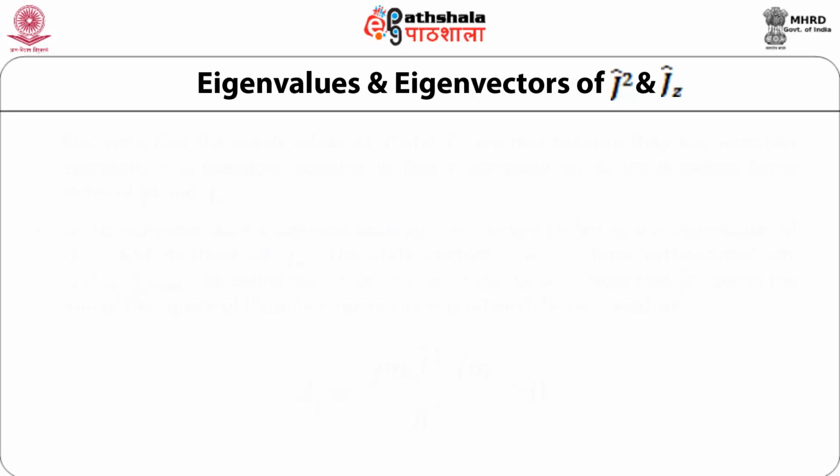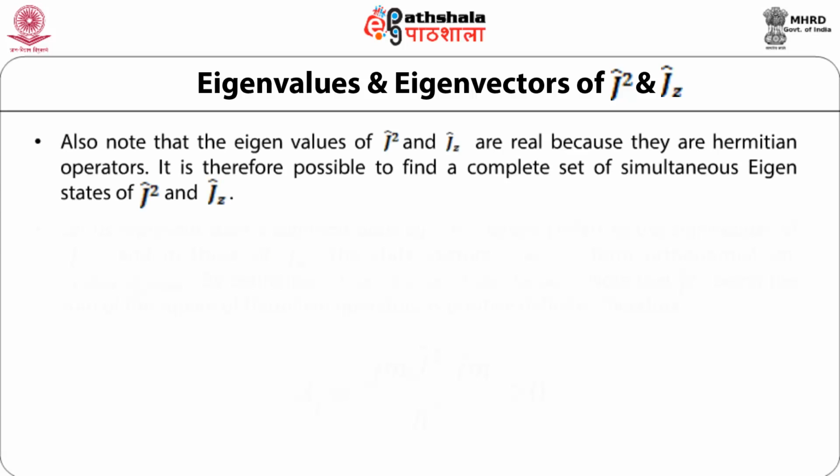Eigenvalues and eigenvectors of operator J squared and operator J_z. So now let us note that the eigenvalues of the operator J squared and the operator J_z, that is, the z component of the total angular momentum, are real because they are Hermitian operators, and we know that for Hermitian operators their eigenvalues are always real. Thus, it is possible to find a complete set of simultaneous eigenstates of the operators J squared and J_z.